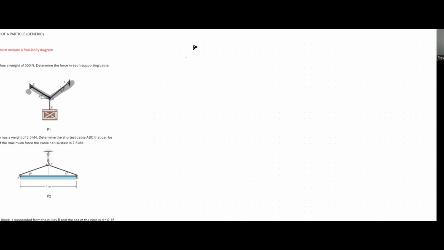Don't mind this dot. This is our weight.